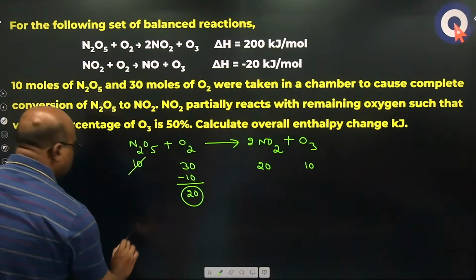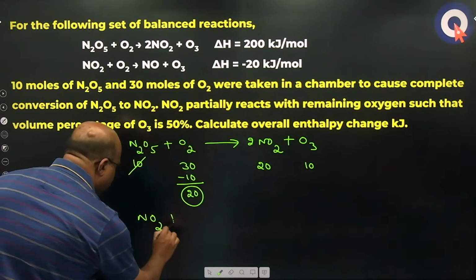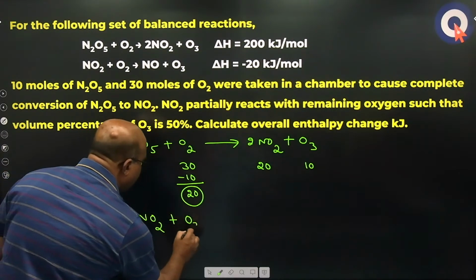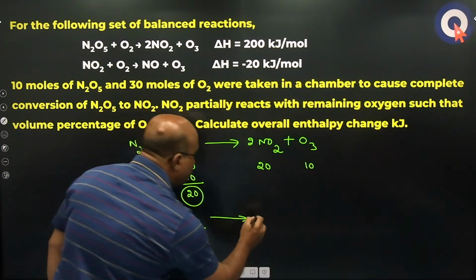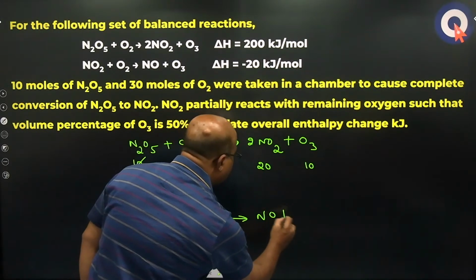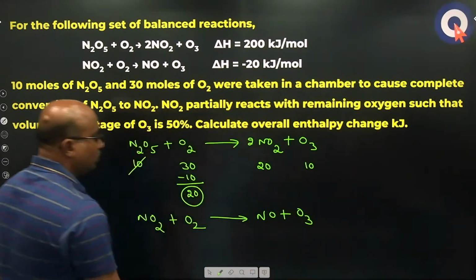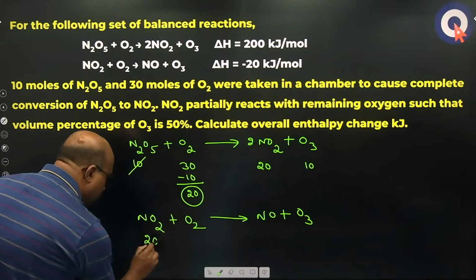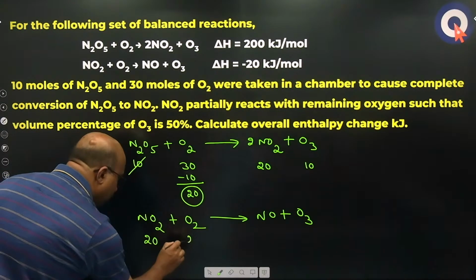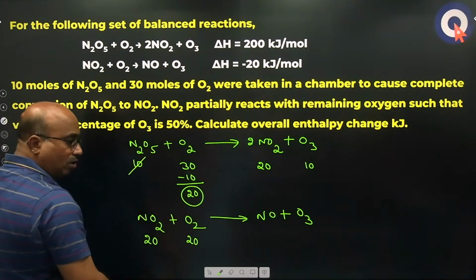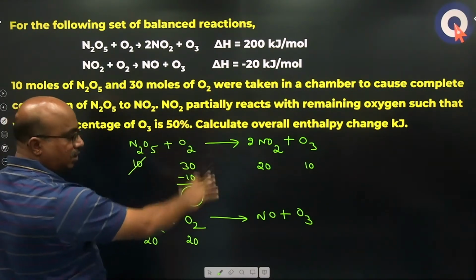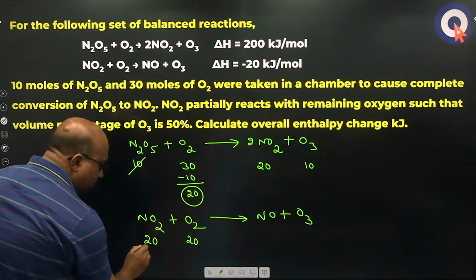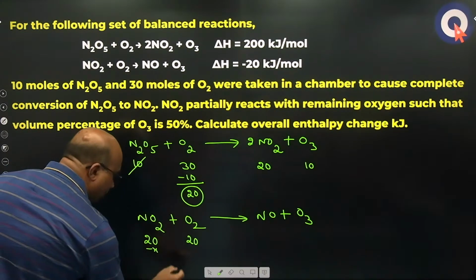But later NO2 plus O2 gives NO plus O3. How much of this did we have already? 20. How much of this is left? 20. But we don't know, because he is saying it is partially converted. So some amount of this has to go, that is X has to go from here.